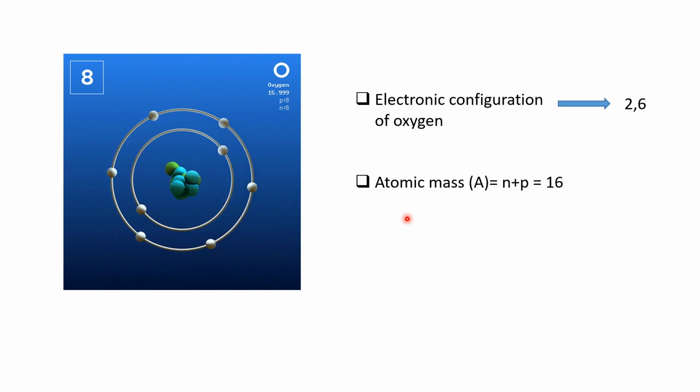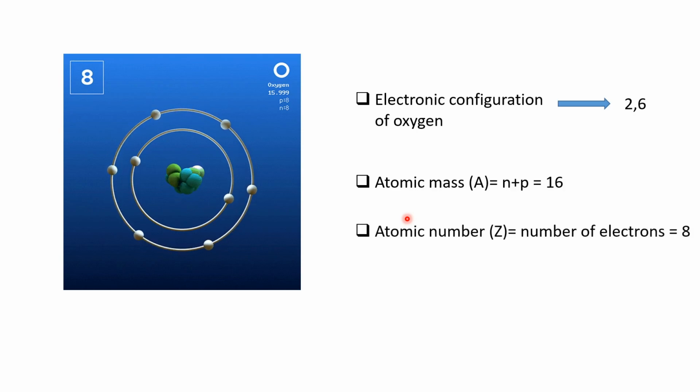Okay. Now the next would be atomic number, which was denoted by Z, and it is nothing but the number of electrons in the neutral state, or the number of protons. So here I can say that it is the number of electrons because this atom is in the neutral state. Why is it in the neutral state? You will come to know the neutral state concept in the next example.